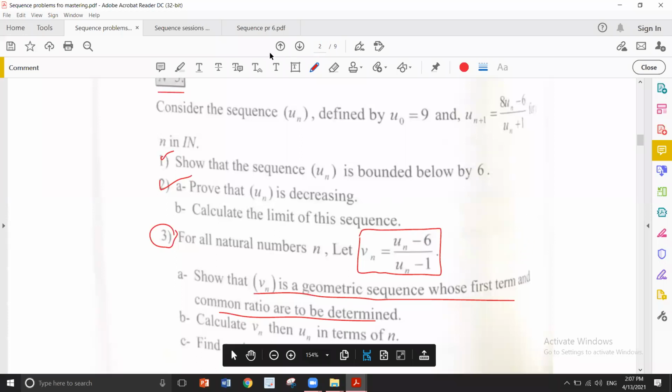What is the rule to prove a geometric sequence, شباب?